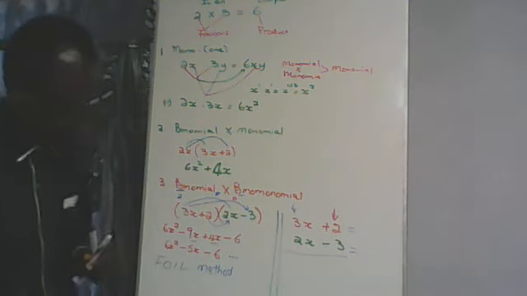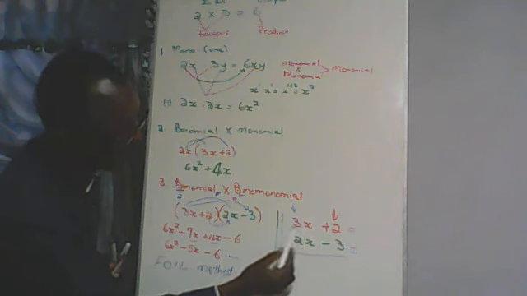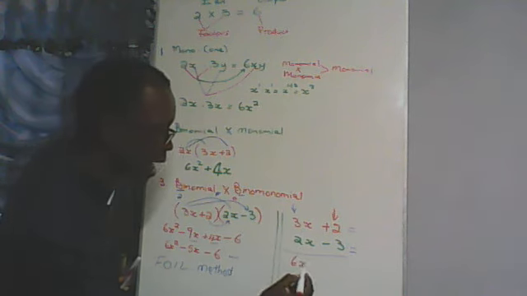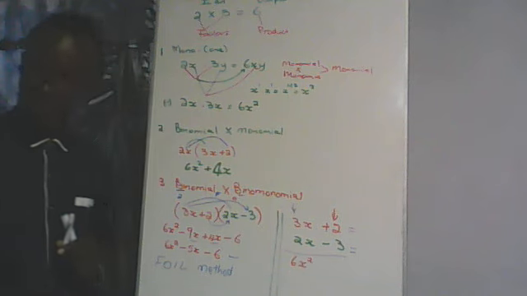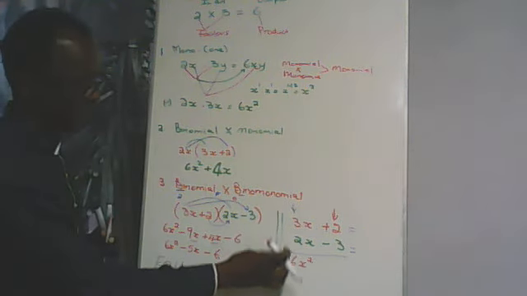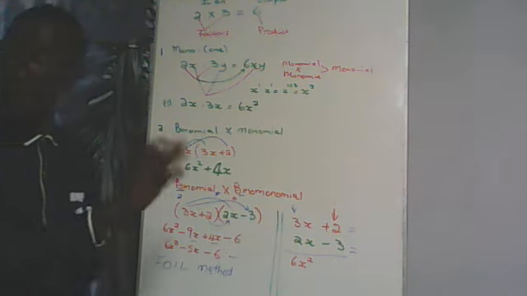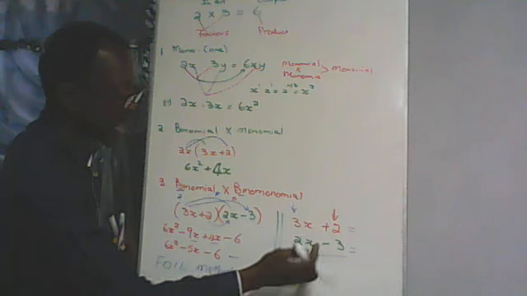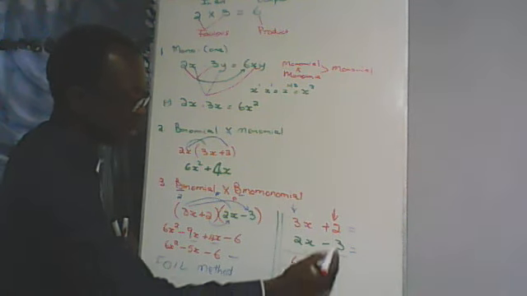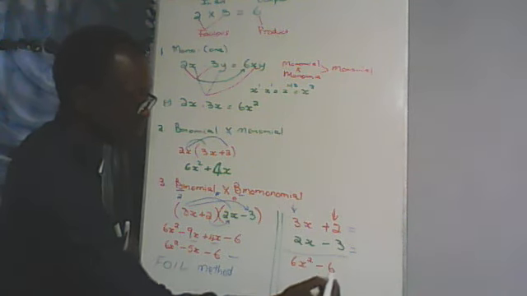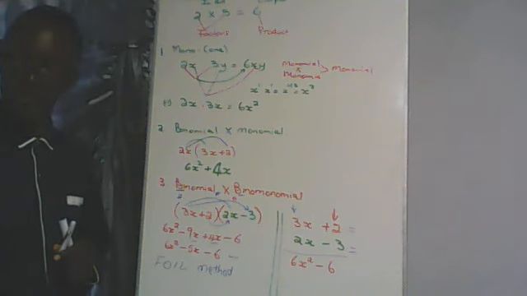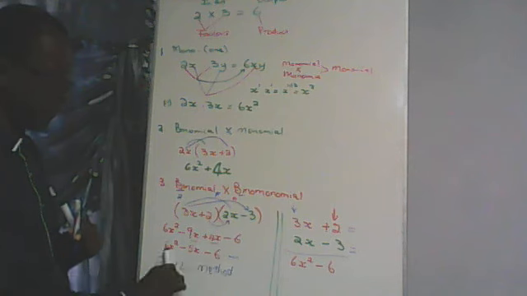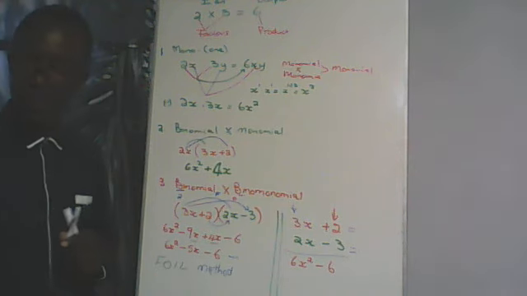Let's start there. 3x multiplied by 2x gives you 6x squared. Positive, positive, you get a positive. Two like signs, you get a positive. Two unlike signs, you get a minus. 2 by 3 gives you 6. This and that, we have the first and the last term there.